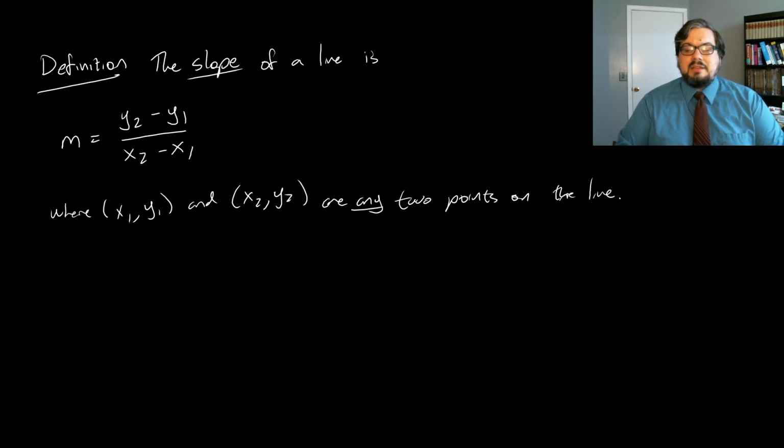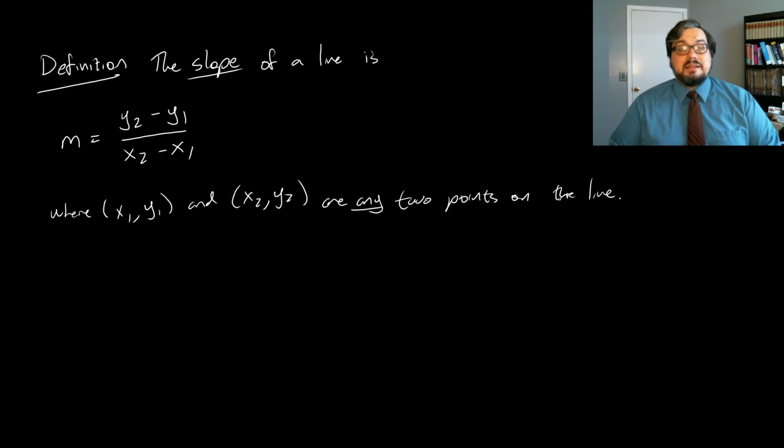I can take any 2 points on the line, look at the difference of their y values, and divide by the difference of their x values, and get the slope out of it.